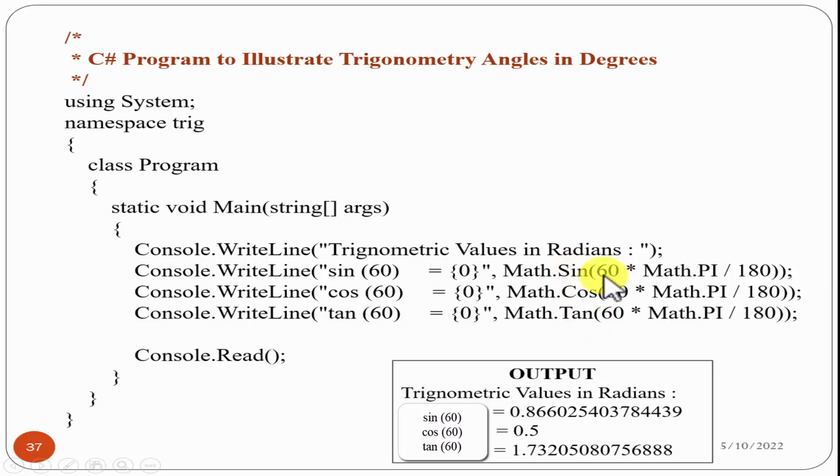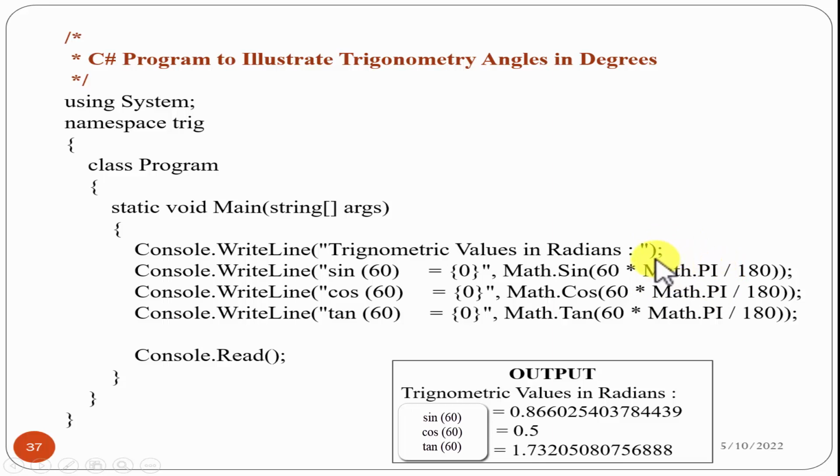So we have sine of 60 multiplied by pi by 180. Pi we can access directly from the Math class, so we just write Math.PI. This class is in the System namespace, and we can directly access it in our program. Math.PI will receive the value 3.14.